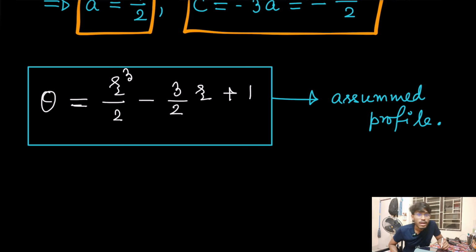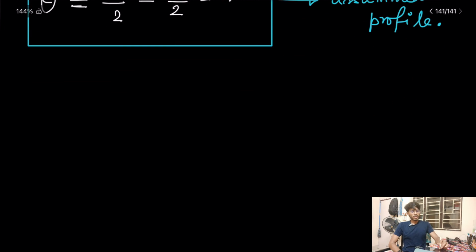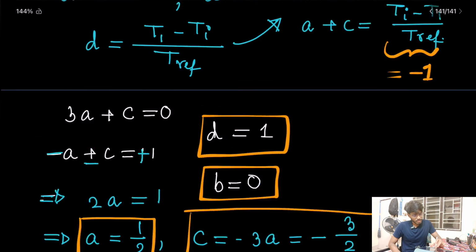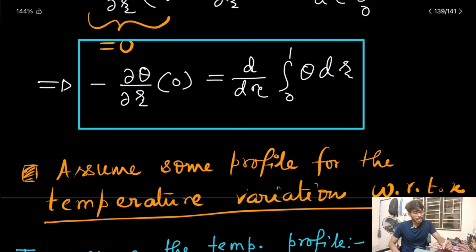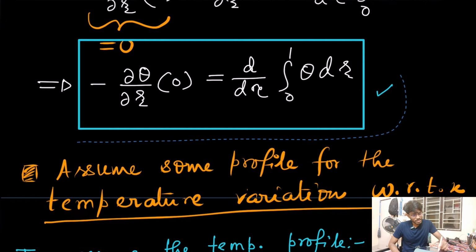So how much time has been covered? Let's say, okay, 57 minutes. Okay, still we have time. So now what you have to do is put this theta here. So firstly, I will again just copy this.